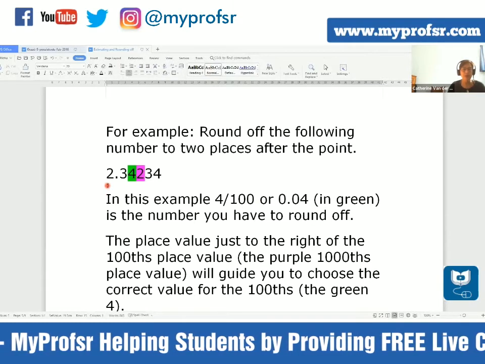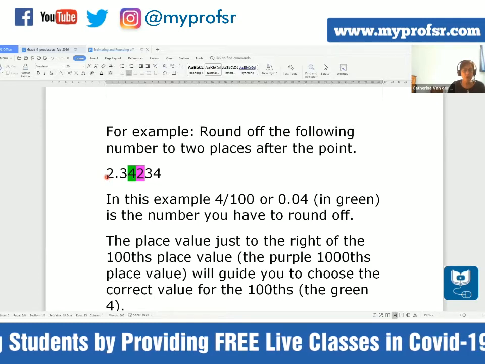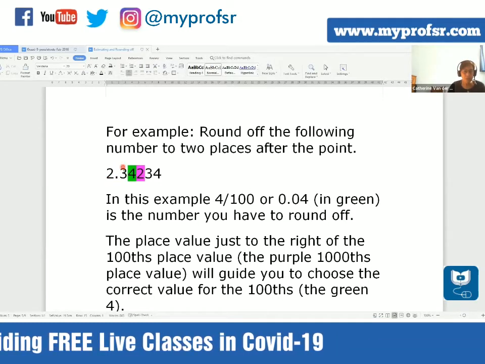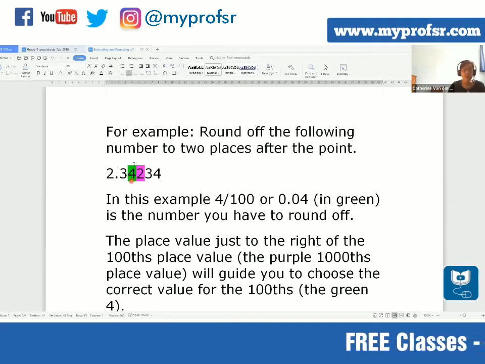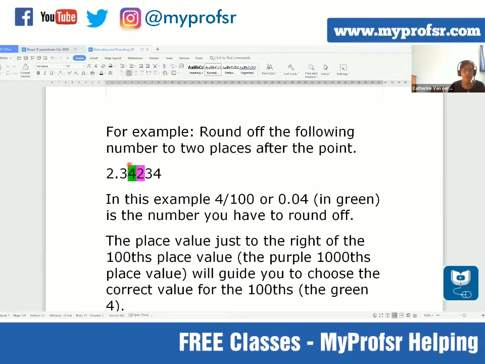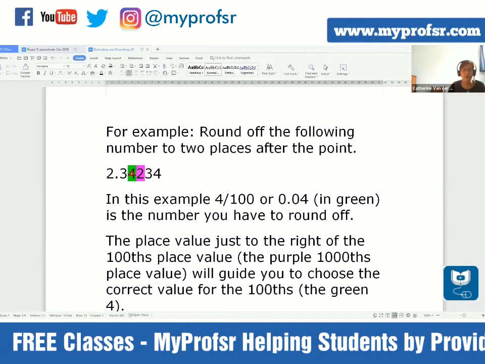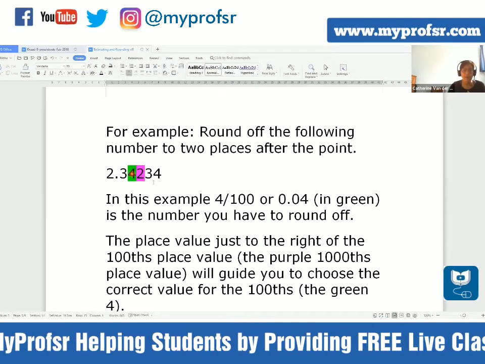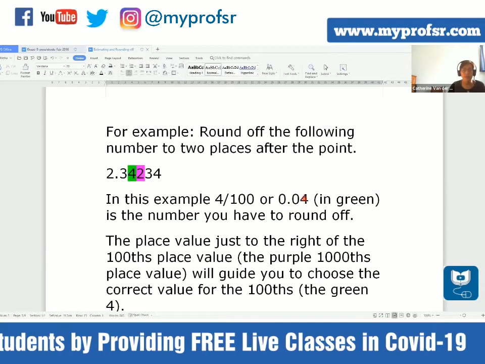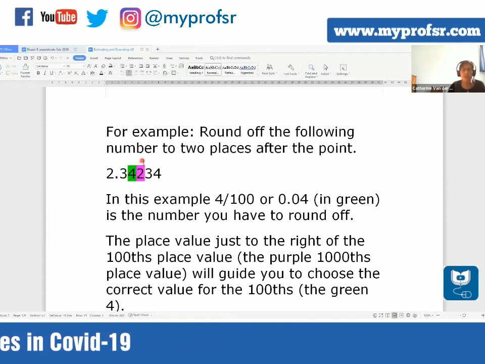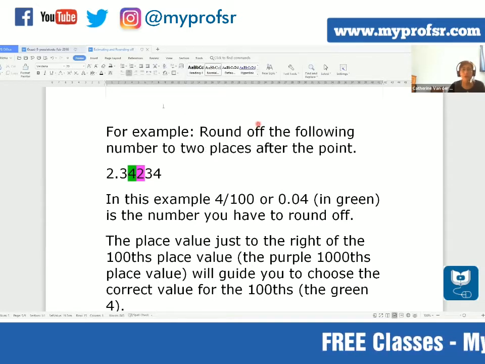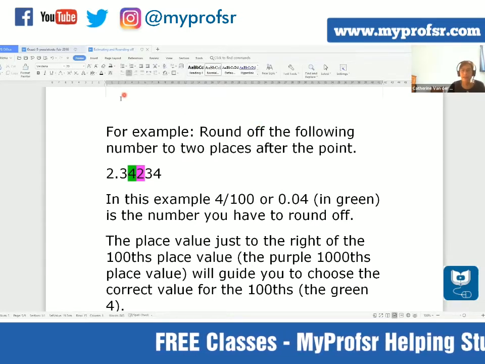So let's count: 1 place after the point, 2 places after the point, 3 places after the point. So 2 places after the point is 4/100, or 0.04.